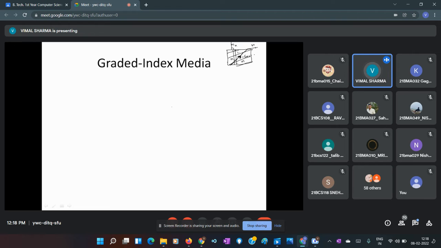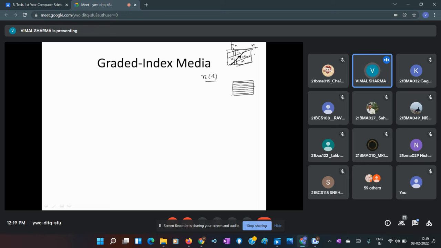But a graded index medium is the medium where the refractive index is not constant throughout the medium, but is a function of r, that is, a function of distance. So it is like what? It is like we have the same type of rectangular material, but in this material we have different regions divided by layers, and the refractive index varies gradually as we move upwards.